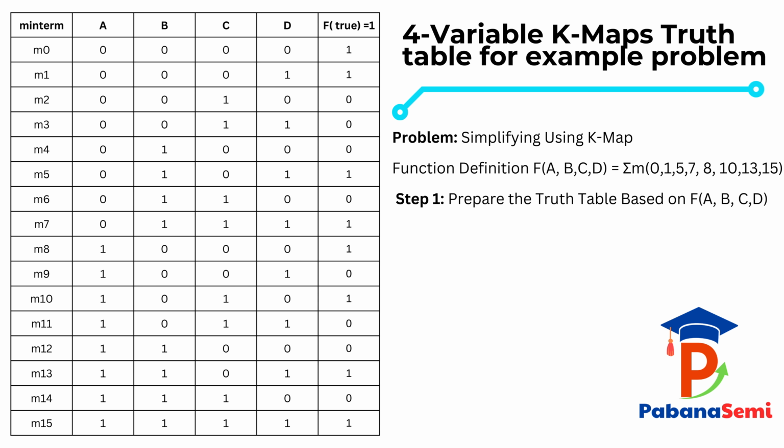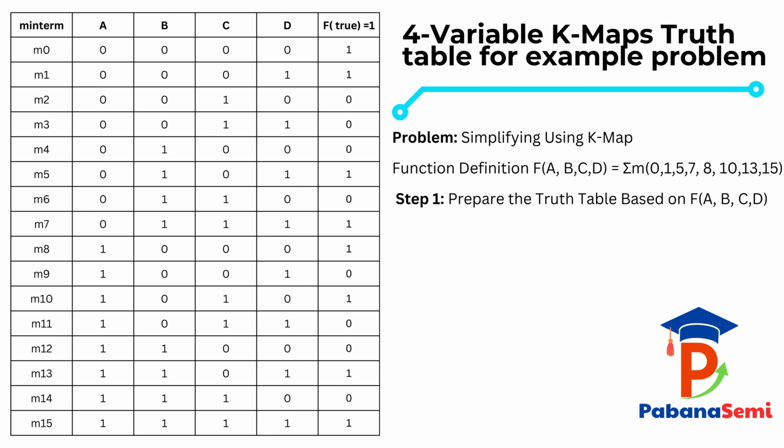For M0, M1, M5, M7, M8, M10, M13, and M15, the function is listed. Therefore, f equals 1. For all remaining minterms, the function is not listed. Thus, f equals 0.